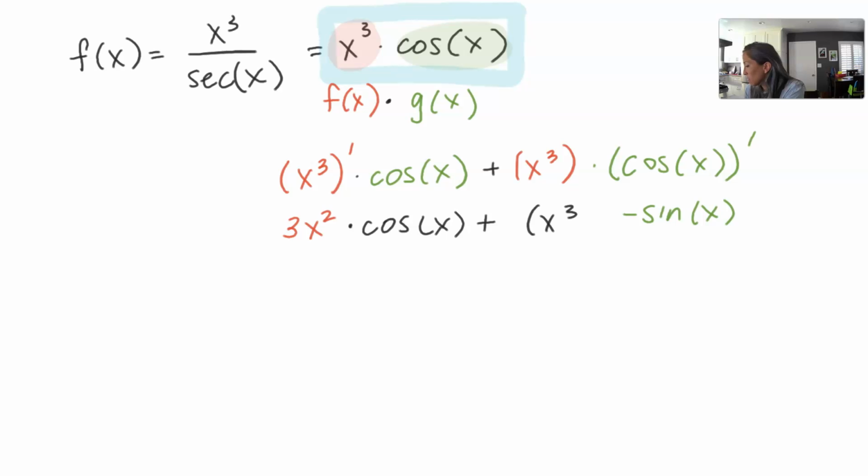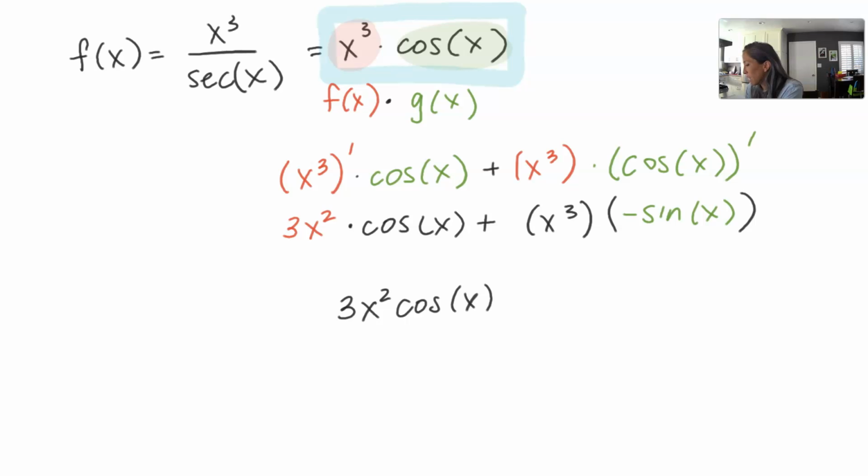And here's where we need to be careful. We're having a lot of trouble with parentheses. As this is written, it looks like we're subtracting that sine of x as opposed to multiplying by a negative sine of x. So putting parentheses around it makes it clear it's multiplication. Even better would be to just move that negative as a coefficient out in front.